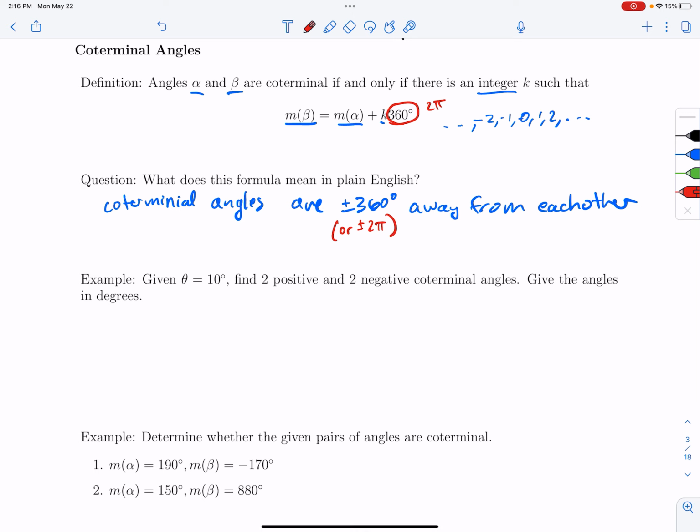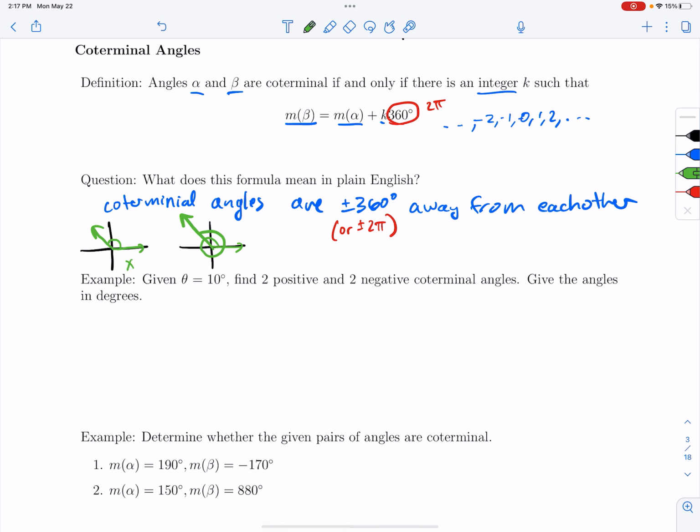So what this means is if I have an angle, let's say it's in standard position, like this angle right here, any time I draw an angle that ends up in that position is coterminal. Similarly, if I draw this angle here and keep rotating it around, I have gone around one full rotation, but I end up in that same position.